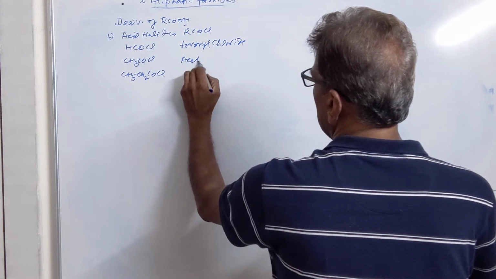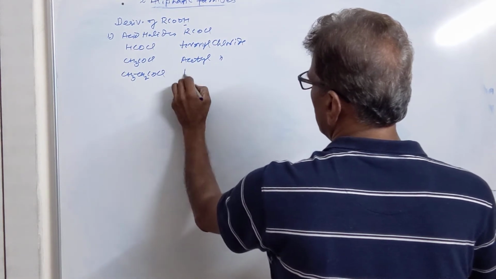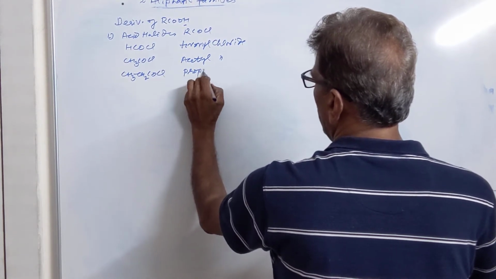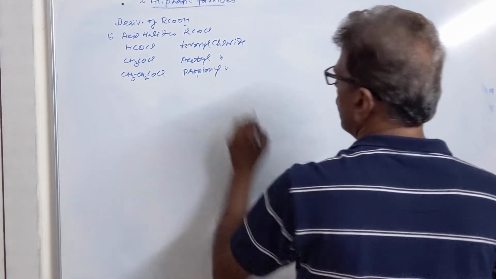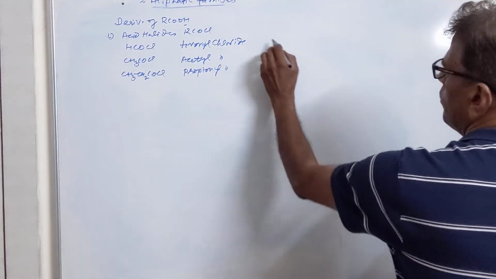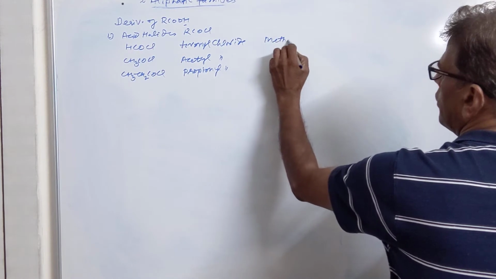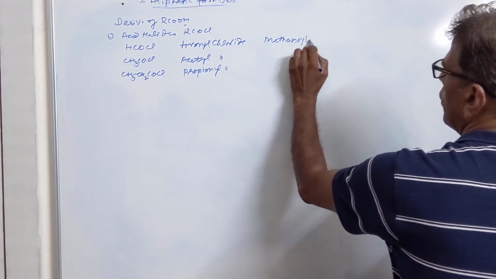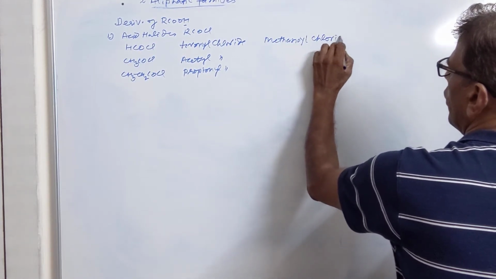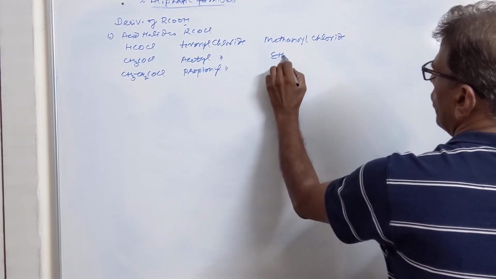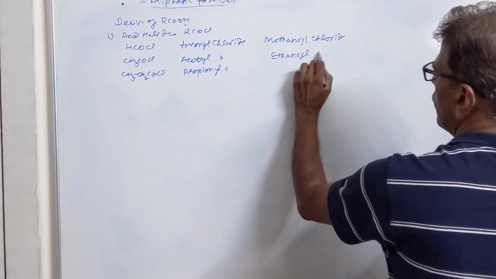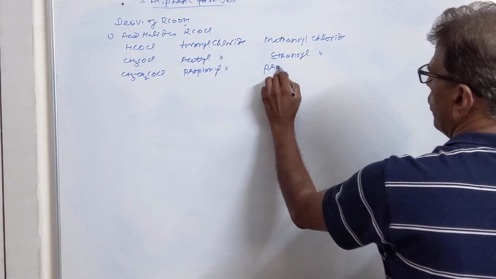IUPAC name is acetyl chloride, propionyl chloride. Then we have methanoyl chloride, ethanoyl chloride, propanoyl chloride.